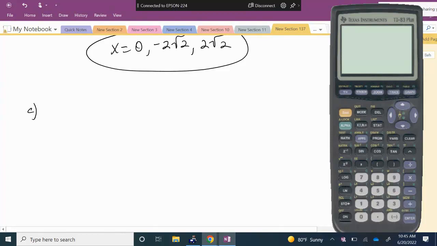And then this is what C says: X-intercepts where the graph crosses the X-axis.